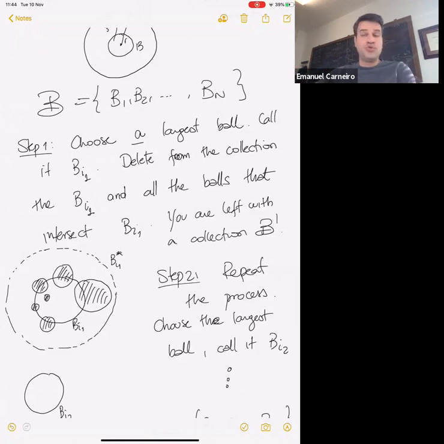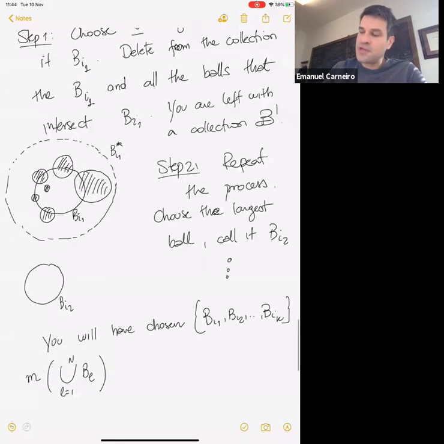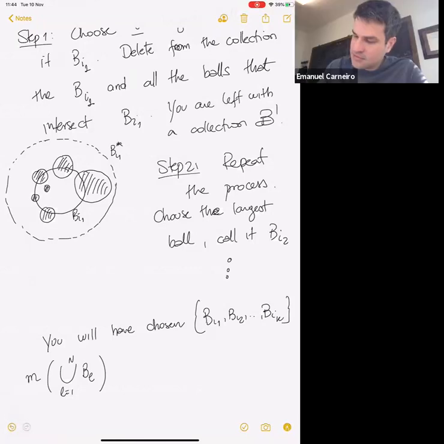This is due to the fact that the ball BI1 has the largest radius. Okay, then you are okay. Then you repeat the process. You choose the largest ball that is left, call it BI2. BI2 is not intersecting BI1. It could be inside BI1 star, so it could be right here. That's fine. And then you remove all the balls that intersect this BI2.